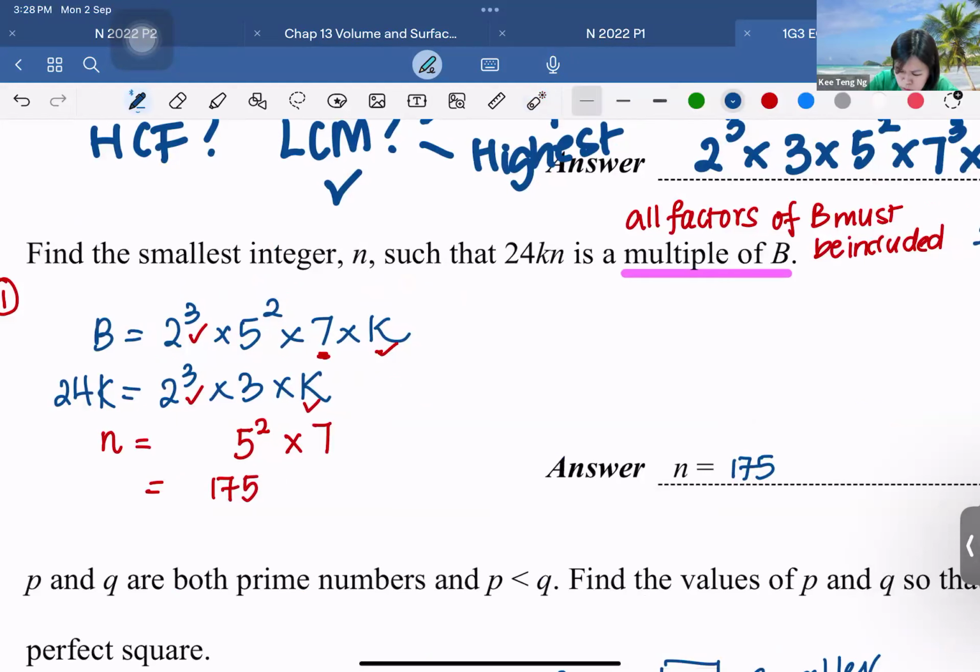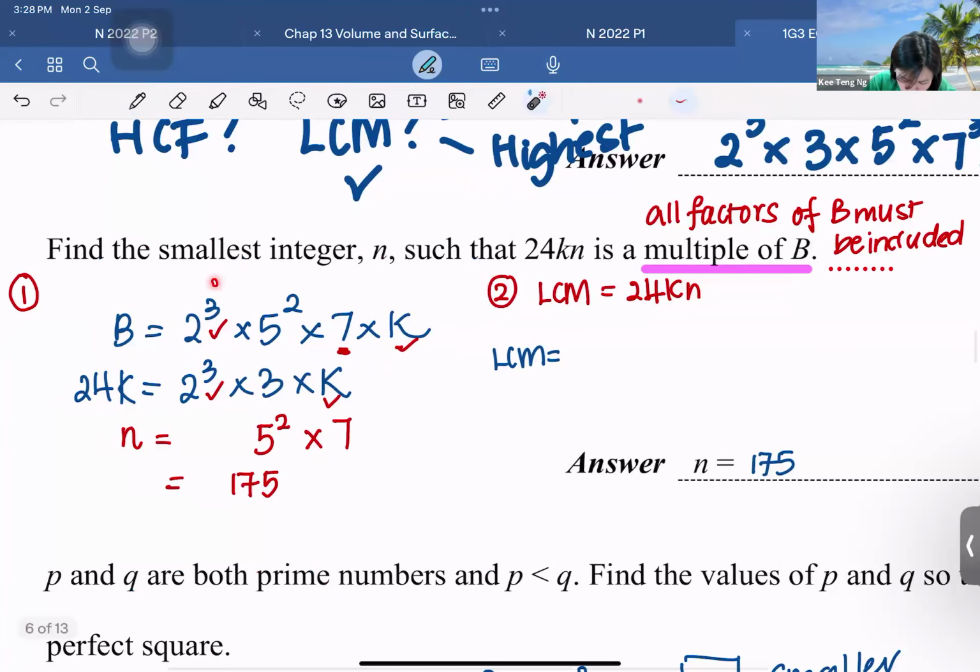Method number 2, some students prefer it the other way around. Method number 2 is by taking the LCM to be equal to 24K and then you find N. Okay, so how can we do this? I'm going to find the LCM of B and 24K.